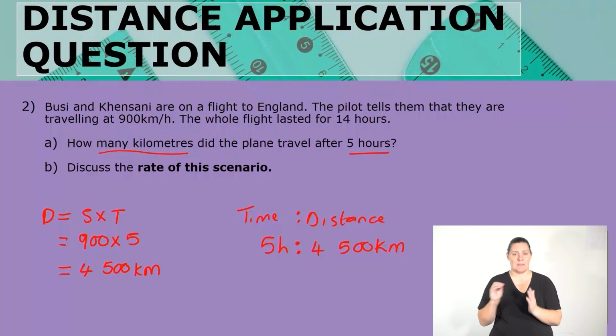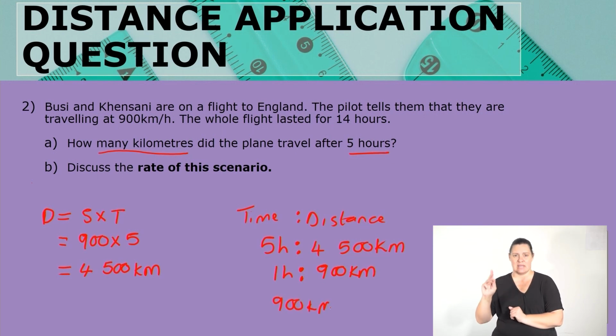Always remember to place your units. So what does that mean for 1 hour? So in 1 hour, this plane covered 900 kilometers. So our rate is 900 kilometers per hour.